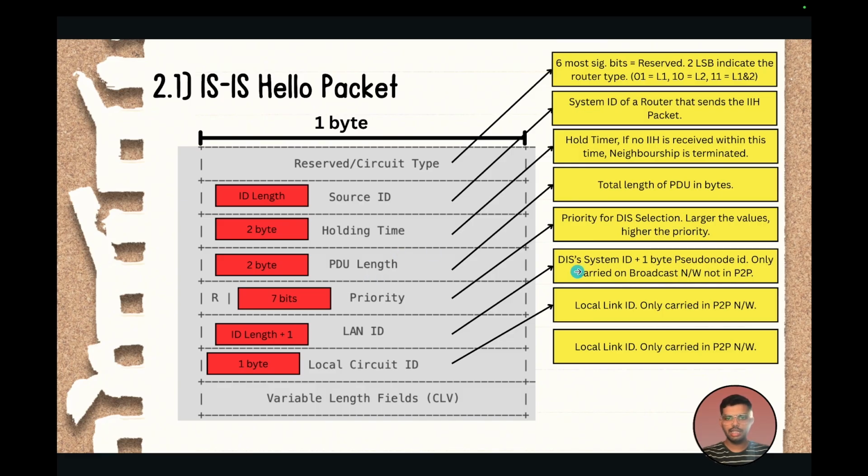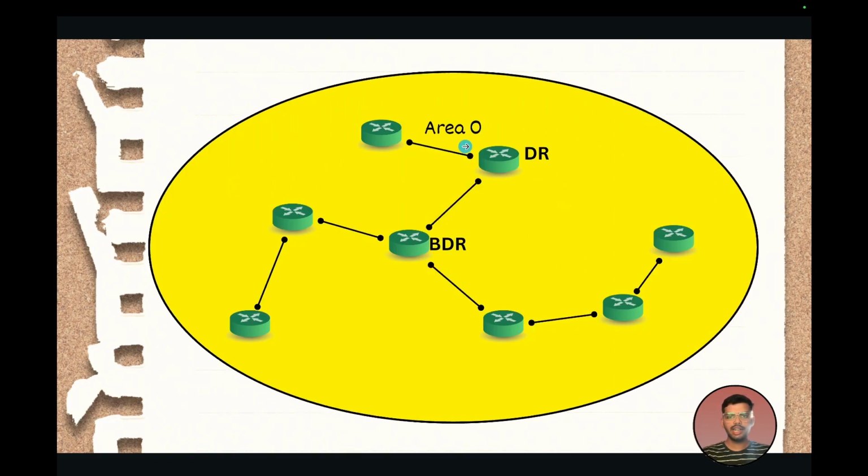Now let's look at the importance of the priority field that is exchanged here. You might have seen this diagram when we were learning the OSPF protocol. For OSPF we have already learned that there is a concept of designated router and backup designated router. When we have area 0, and all of these devices in area 0 are connected to form neighborships, those devices are connected in a broadcast network, not all in point-to-point networks.